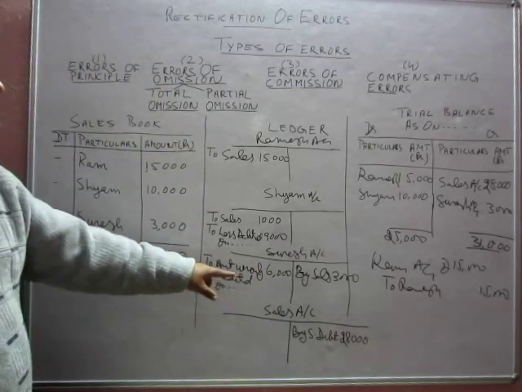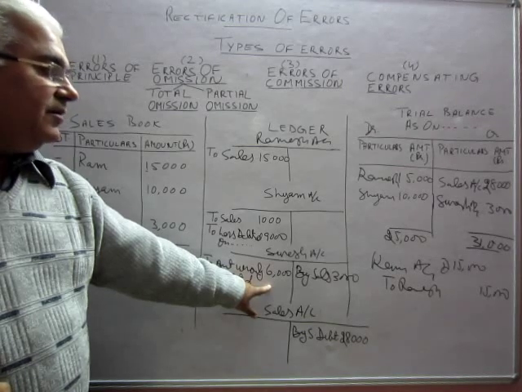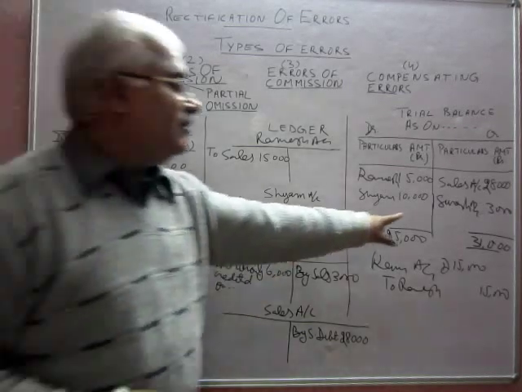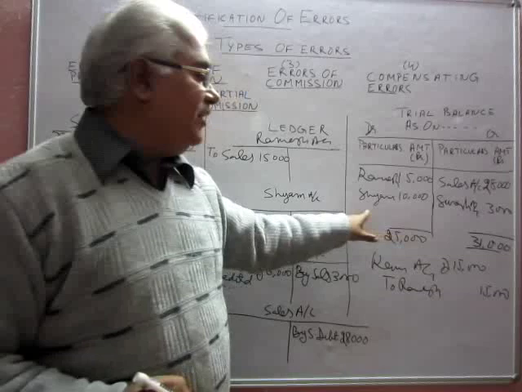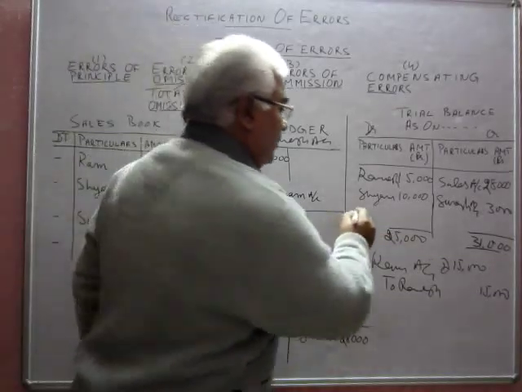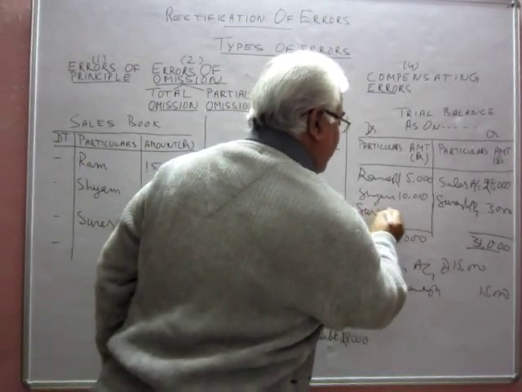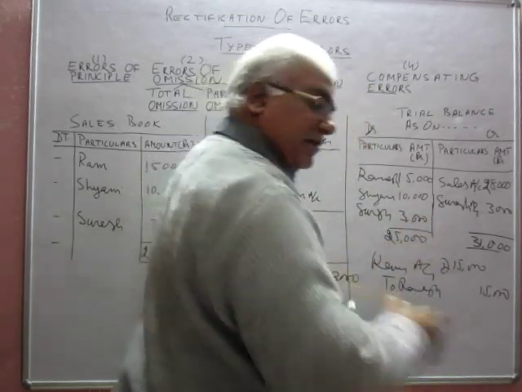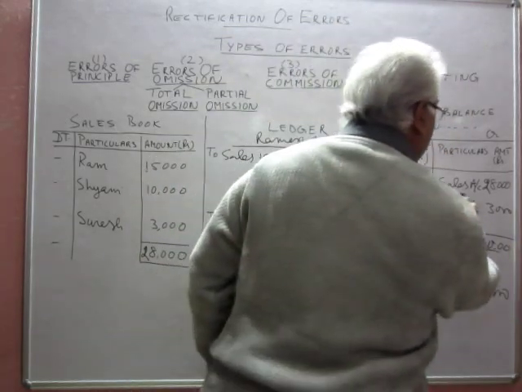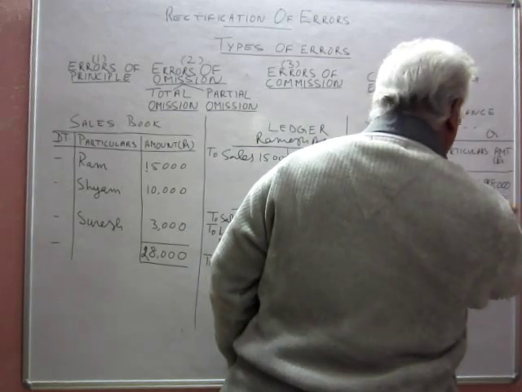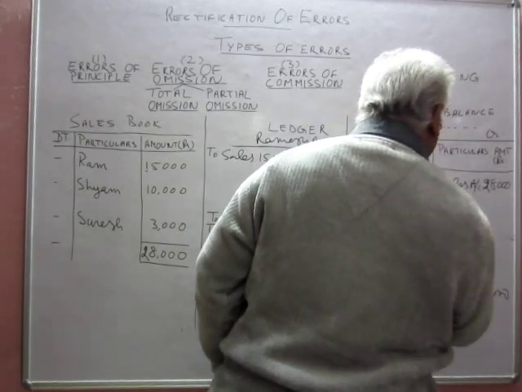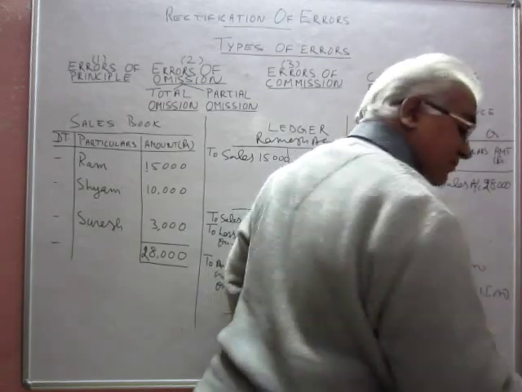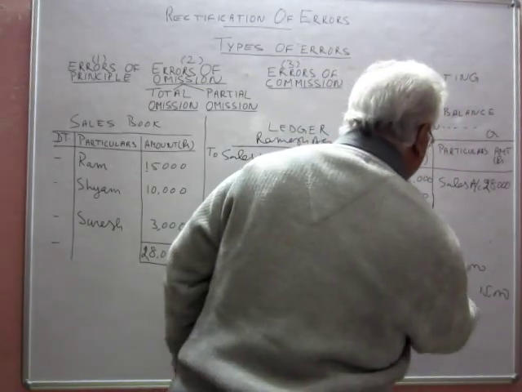So this way the net difference will be 3,000 debit to him, and this 3,000 will disappear from this side and will appear on this side, and our trial balance will tally again. That's it.